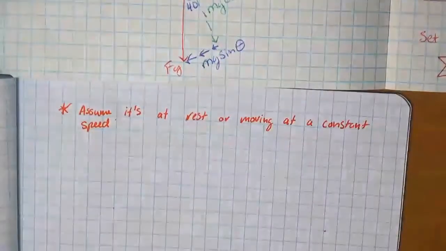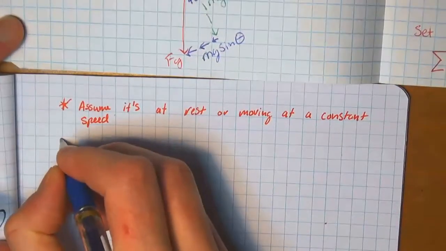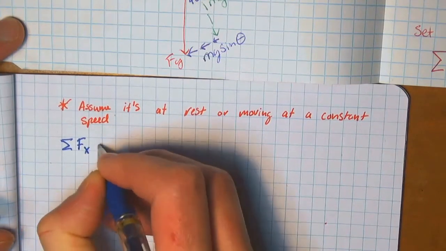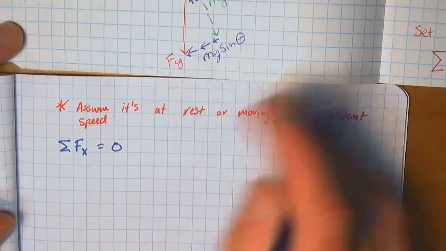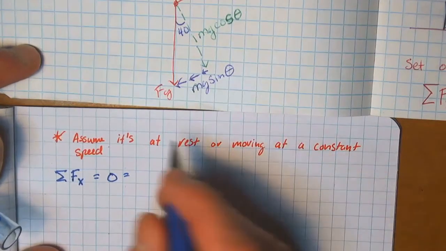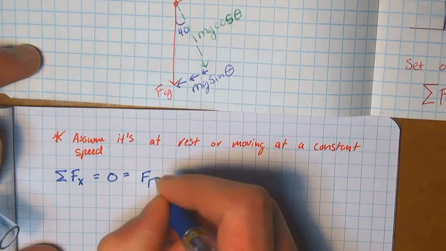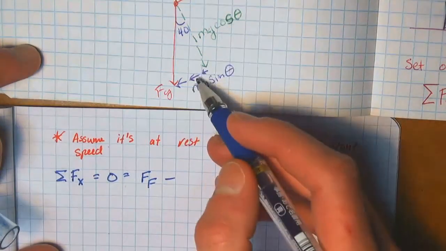So we sum, x direction is blue. I'm going to sum all my forces in the x direction. That's going to equal 0 because, again, we're not accelerating up and down. As usual, forces to the right minus forces to the left. So that would be force of friction minus the forces to the left.